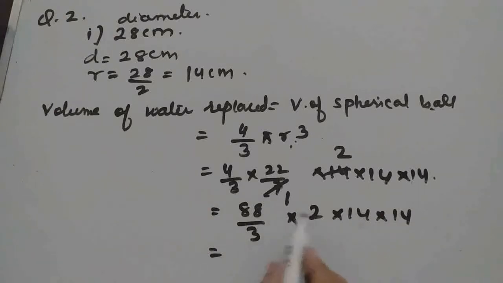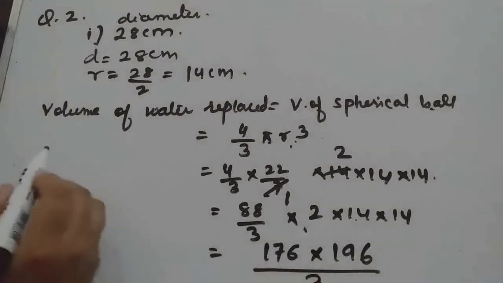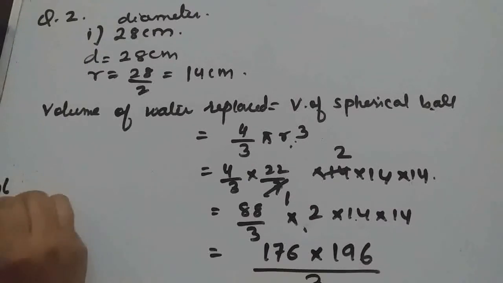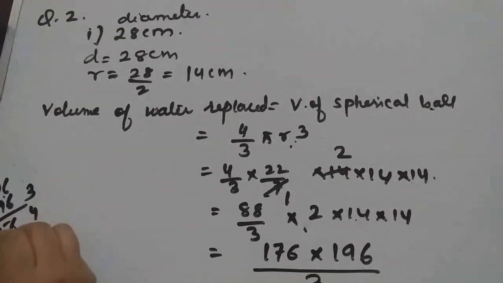If you multiply, this will give 176, and 14 squared means 196, divided by 3. So we should multiply 176 and 196, and we will get our answer.